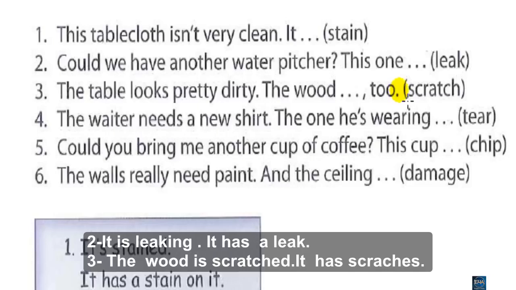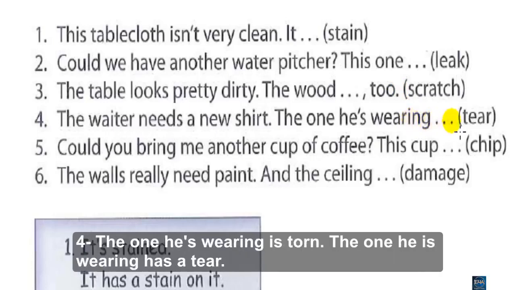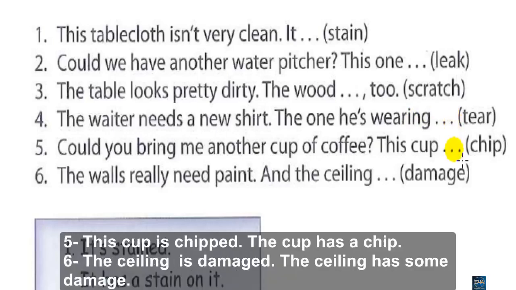It has a lot of scratches. 4, the one he's wearing is torn. It has a tear in it. 5, this cup is chipped. This cup has a chip. 6. The ceiling is damaged. The ceiling has some damages.